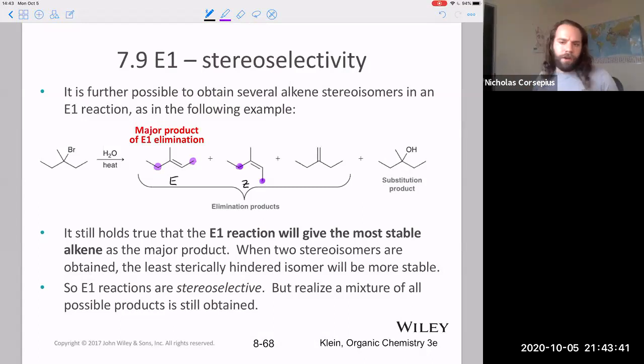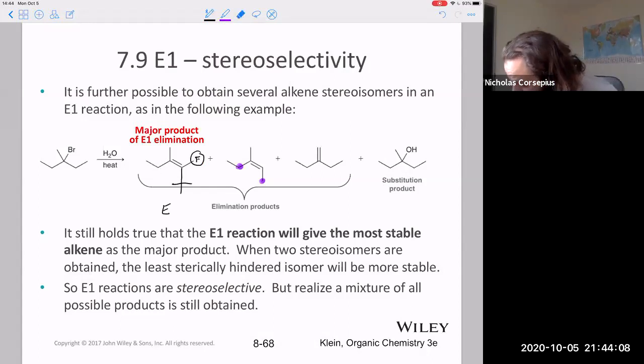You can broadly say that the E conformation is going to be more favored, but you've got to be a little bit careful. So for example, if we had a fluorine there, and then this was this big bulky tert-butyl group, well, this is going to win in terms of priority.